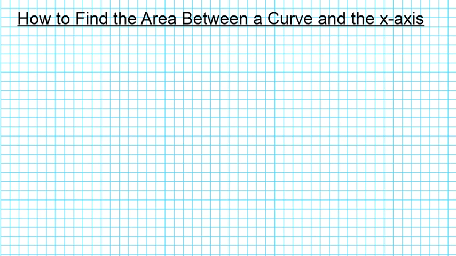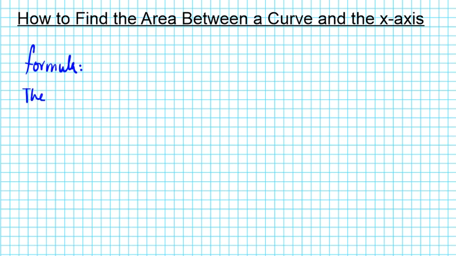Alright, so we're going to be looking for how to find the area between a curve and the x-axis. So let's take a look at the formula that's going to guide our problem solving process. The formula is as follows.